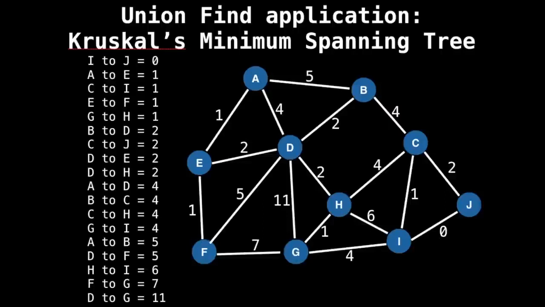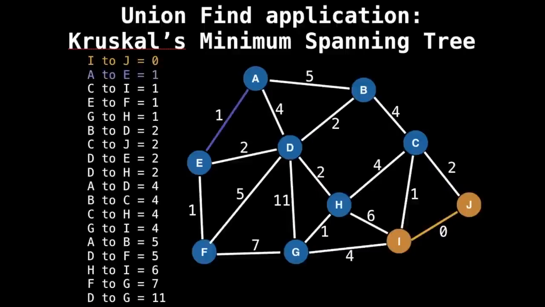Next we're going to start processing the edges one at a time, starting with the top, I to J. I've painted the edge I to J in orange, and you can see that it connects nodes I and J. I and J currently don't belong to any group, so I'm going to unify them together into group orange.